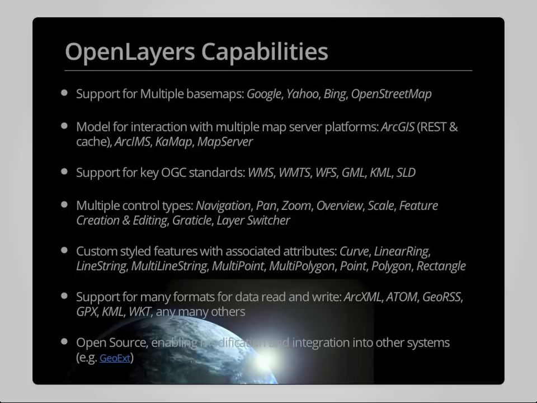One popular one is the GeoExt JavaScript framework, which is a combination of the geospatial capabilities and mapping capabilities of OpenLayers combined with the Ext JavaScript framework that provides a wide variety of other JavaScript tools and functions that vastly streamline the development of web-based applications.